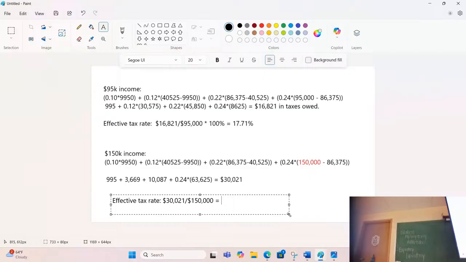This number originally is 3,669, and it's really 12% of 40,525 minus 9,950.